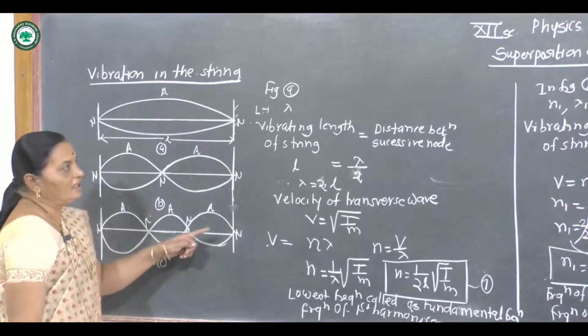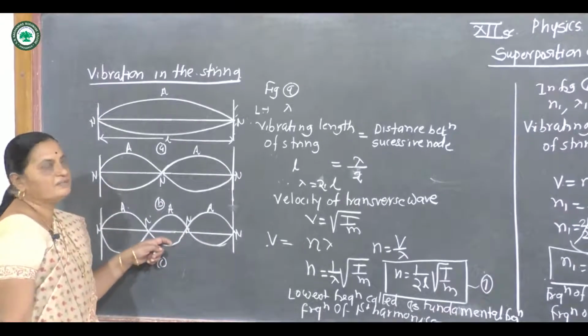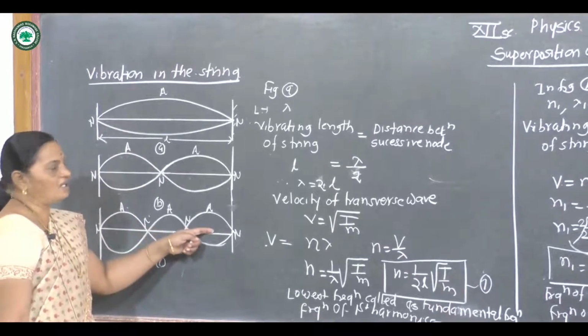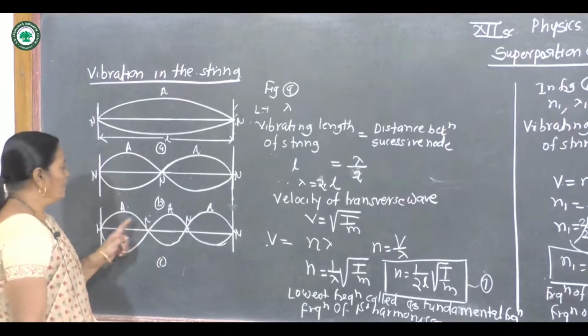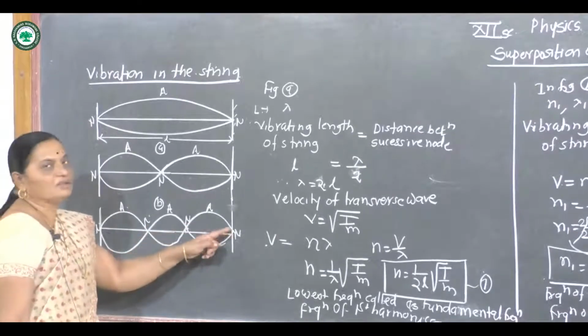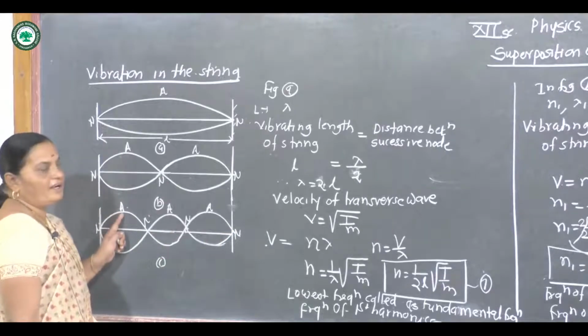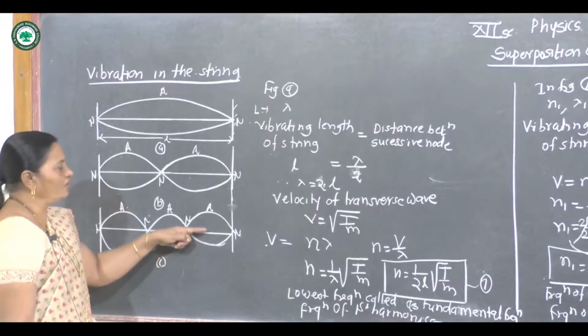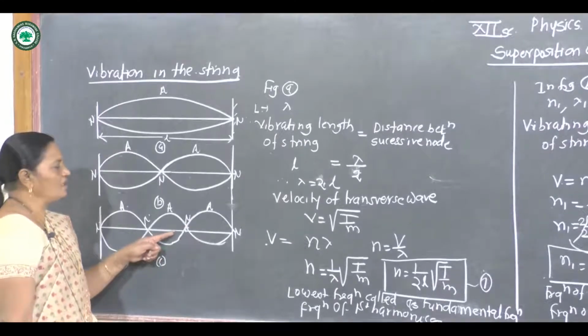This is the third mode of vibration. In 3 loops there are 4 nodes, 1, 2, 3, 4, and 3 antinodes are formed. This is the third mode of vibration of the string.